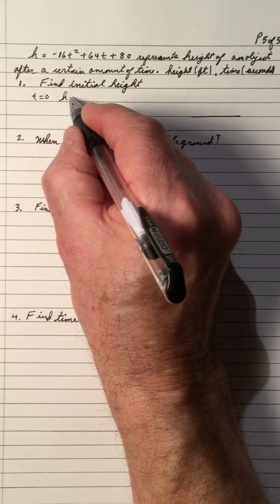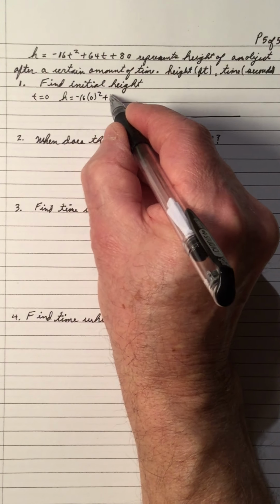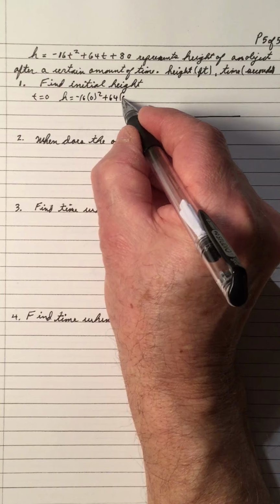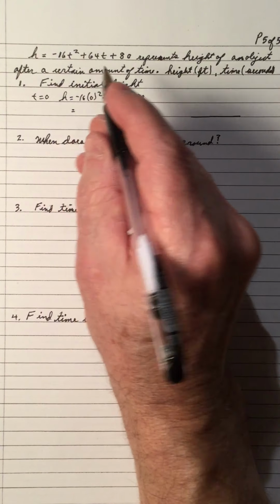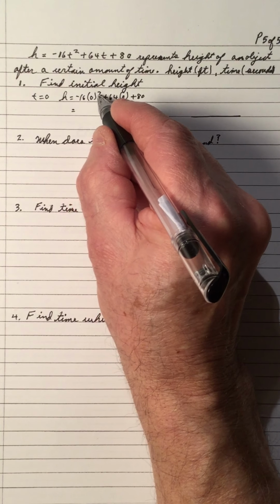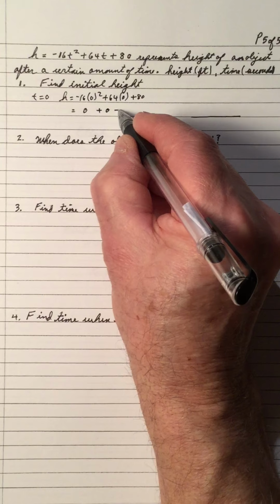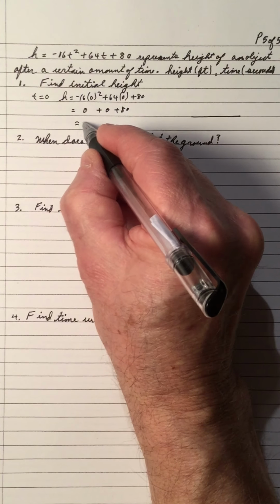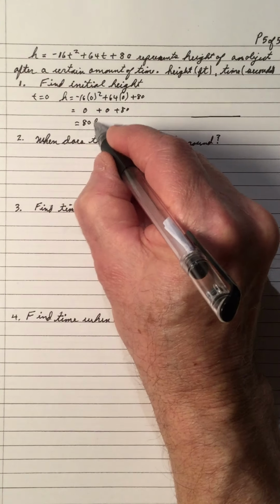So that means you can plug in 0 in the place of t in the equation. In other words, the initial height is when it hasn't been thrown yet. So that's 0 squared, 0, minus 16 is 0. 64 times 0 is 0 plus 80. So the initial height is 80 feet when the time is 0 because it hasn't been thrown yet.